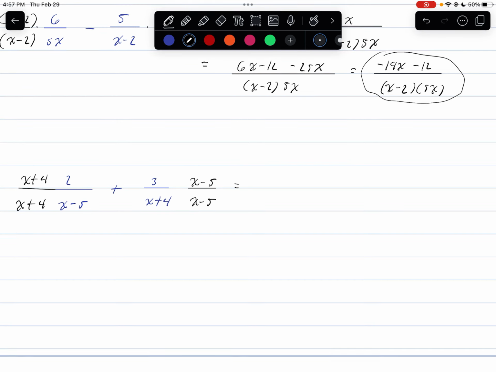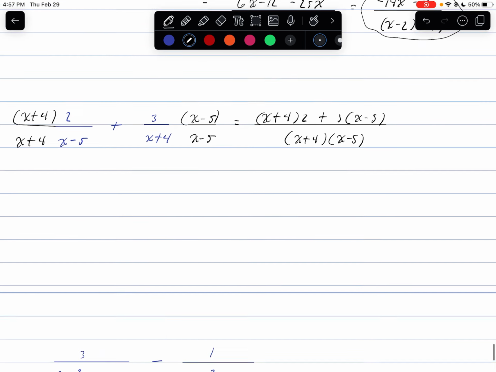Okay? So what we have here, if we add some parentheses, in the numerator we're going to have x plus 4 times 2 plus 3 times x minus 5. And since now we have a common denominator of x plus 4 times x minus 5, we just have x plus 4 times x minus 5.